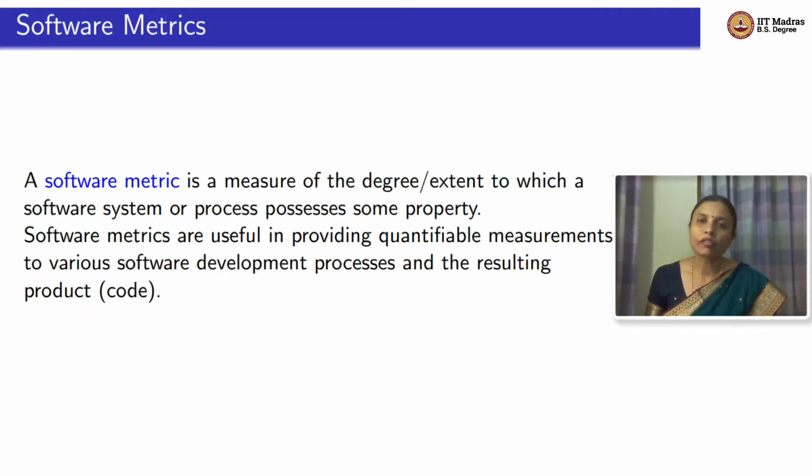So what is a software metric? It's basically a measure of the degree or the extent to which a software system or a process used to develop a software possesses a certain desired property. For example, the software has to be packaged into a mobile phone that is of not very high memory.